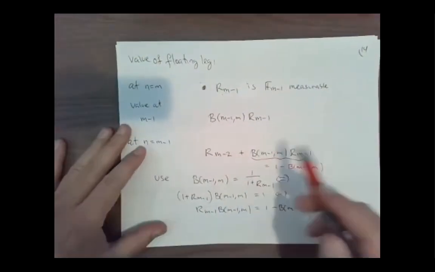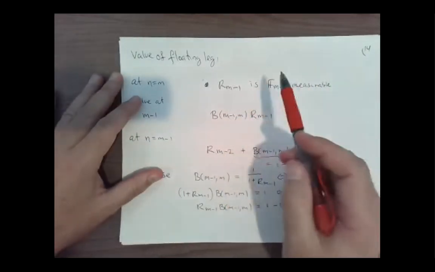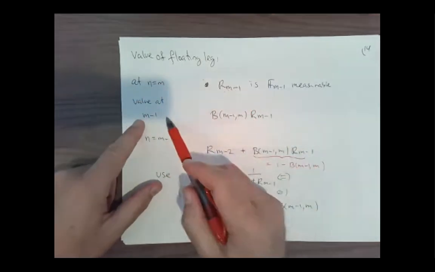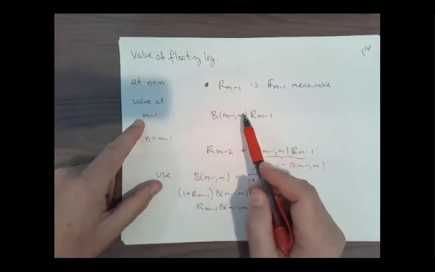How do I move the last payment from time m to time m minus 1? Well, I multiply onto the zero coupon bond.